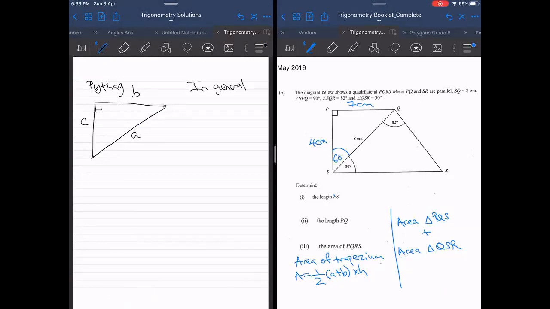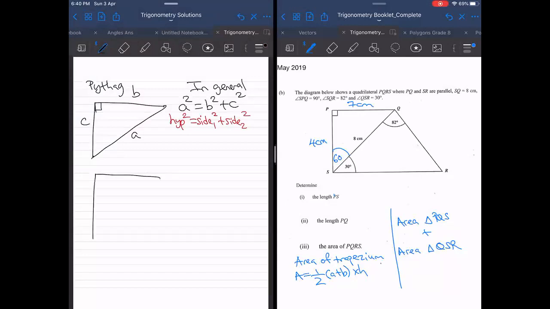We have to revise. In general, Pythagoras' theorem says that a squared is equal to b squared plus c squared. It's saying that the hypotenuse squared is equal to the sum of the other 2 sides squared. That's the rule.